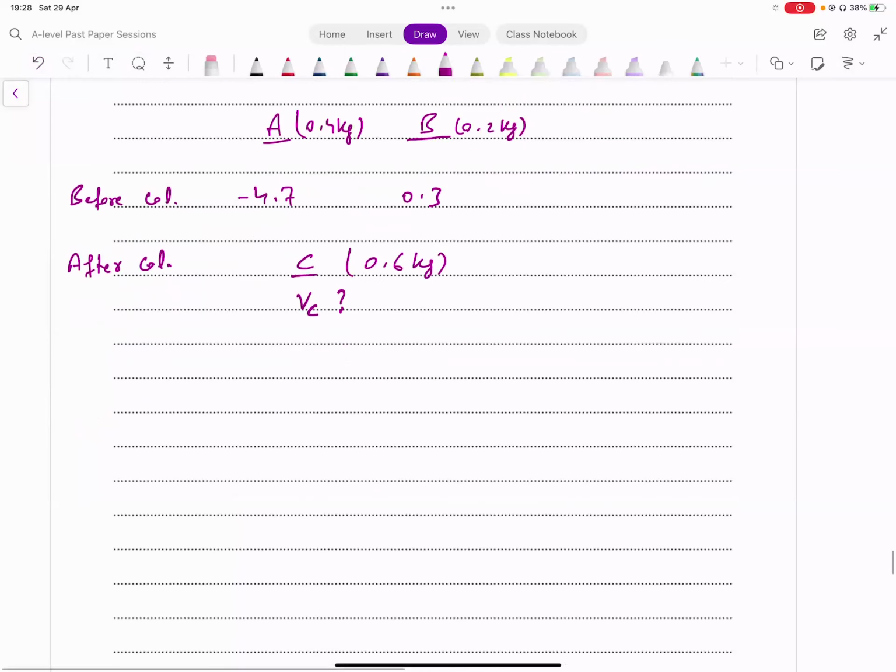All we have to do now is apply conservation of momentum. Momentum before collision is equal to momentum after collision. Input values, and that gives you 0.4 into -4.7 plus 0.2 into 3. That's the momentum before collision.